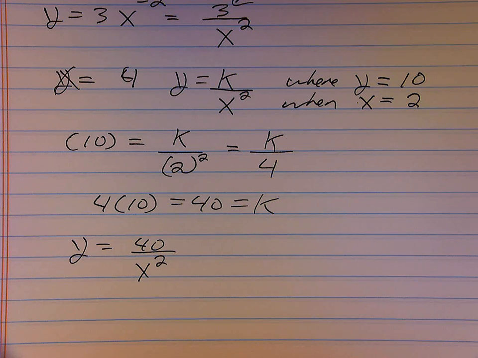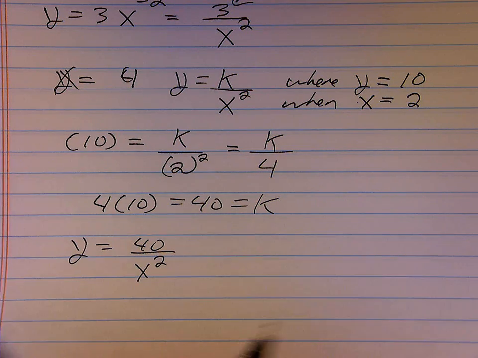For instance, one of the things we can do with direct and inverse proportionality is the same thing we do with any other equation, model it. Let's say I was to give you some data. Let's look at this data over here.